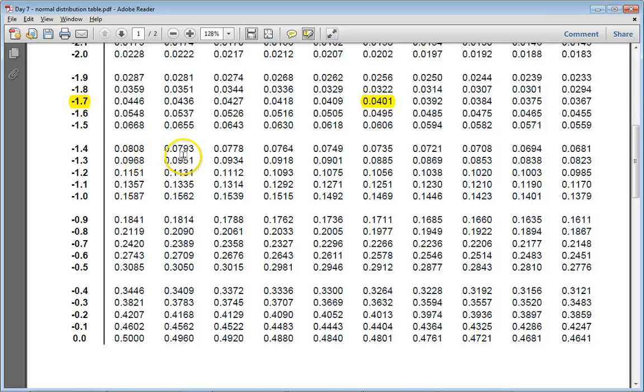Is there anything closer than that? 0.0793. Huh. How many away do you think that is? I think this one is 7 away. And this is 8 away. So this one I think is actually going to be closer. Okay, one more time. Let's subtract and find out. Okay, let's start with this one. 0.0808.